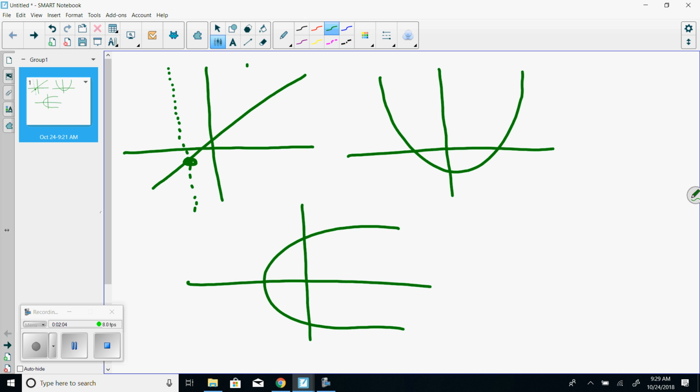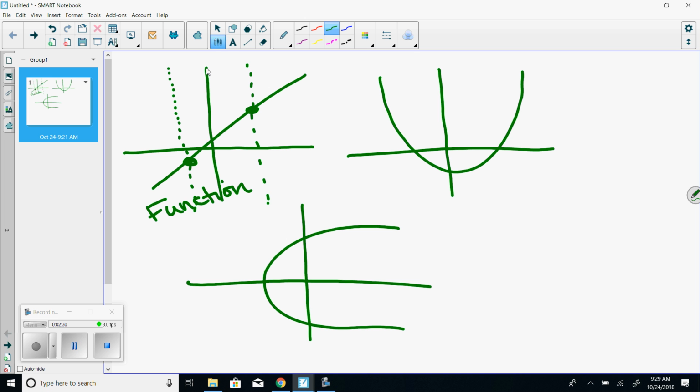If I do another one here, it only touches it there. So no matter, I could put a million vertical lines on that graph and it never touched the graph in the same place, right? Okay, so this is a function. That's a function, because you have a different output, a different y, for every input, for every x.